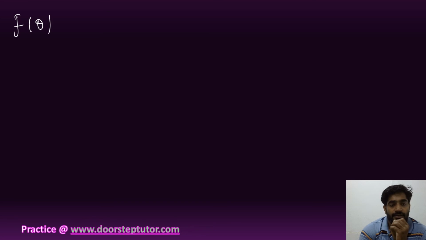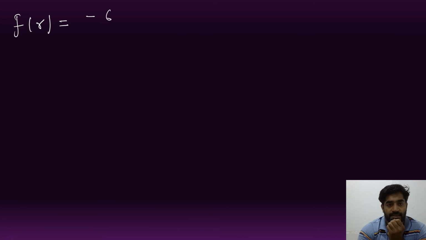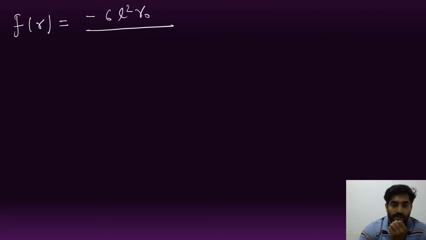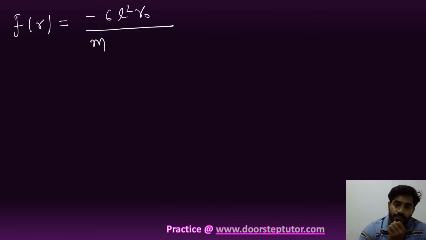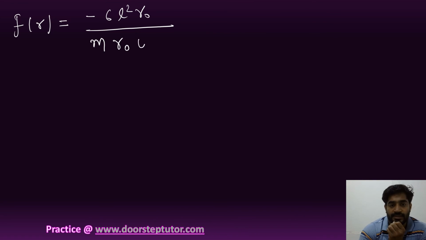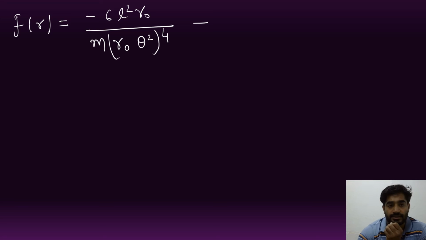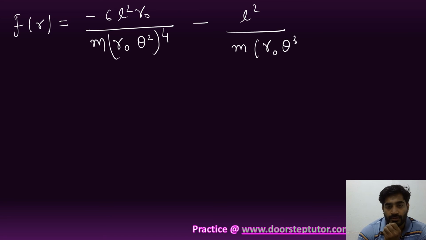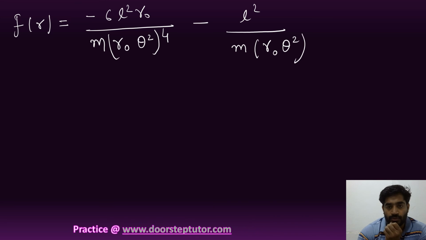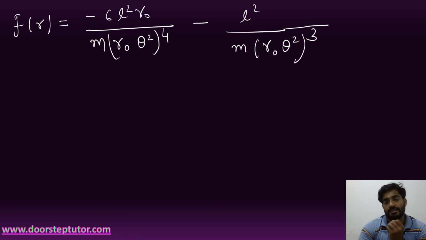So the equation will become f of r equals minus 6 l square r naught upon m, into r naught theta square to the power 4, minus l square upon m, into r naught theta square to the power 3.